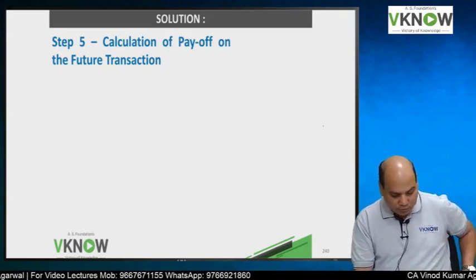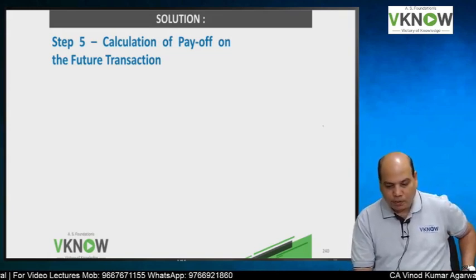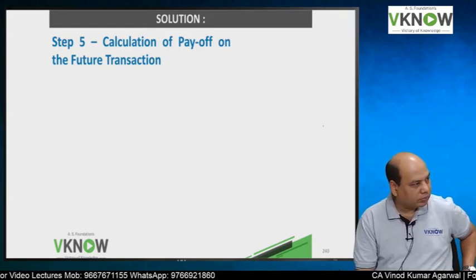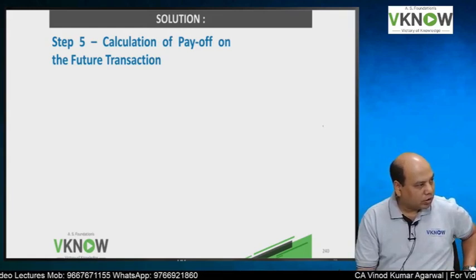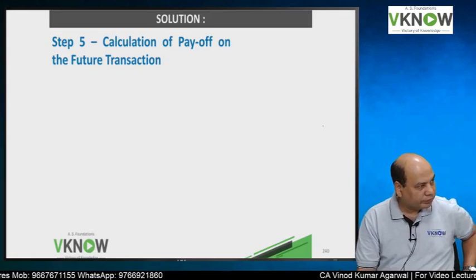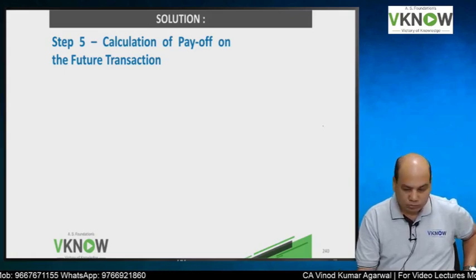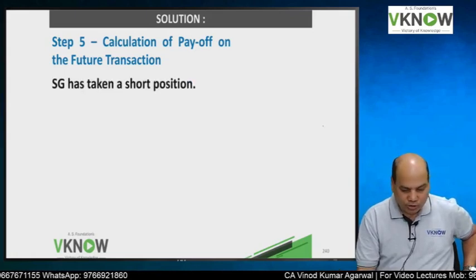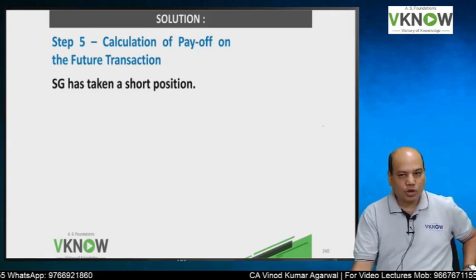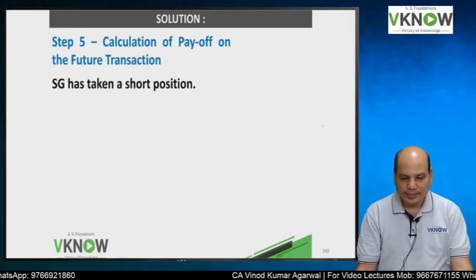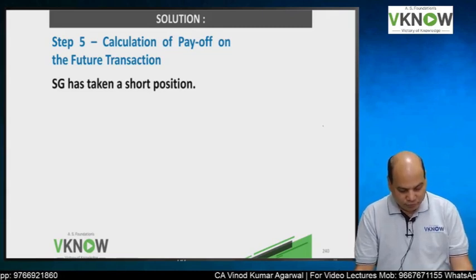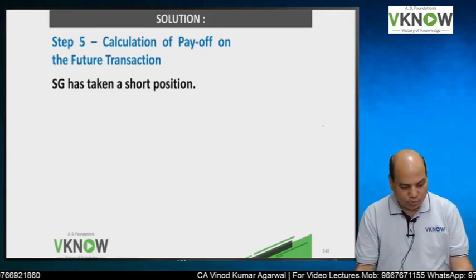Okay, next line, write down calculation of payoff on the future transaction. The payoff on the future transaction would be dependent on whether it is a long position or a short position. Write down: SG has taken a short position.